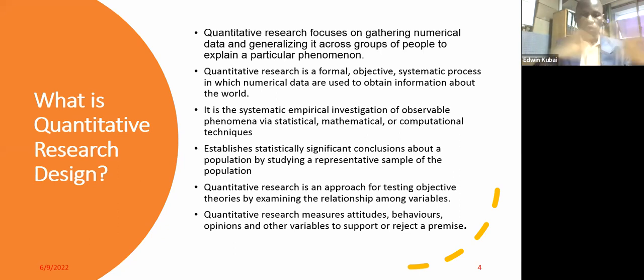Because if you're going for quantitative research, you'll have to come up with a sample from that population, and this sample is what you use in your research study. Then, using methods of data analysis, you generalize your findings to the entire population. So quantitative research is an approach of testing objective theories by examining the relationship among variables.